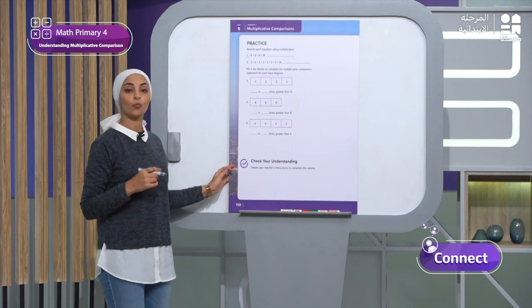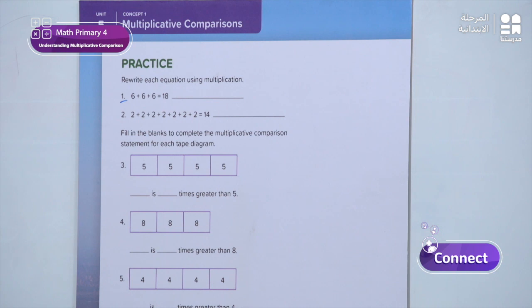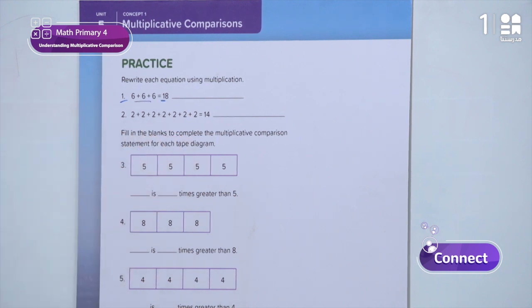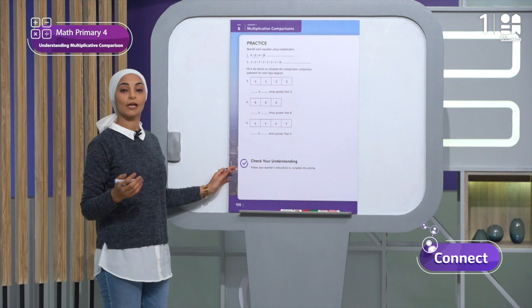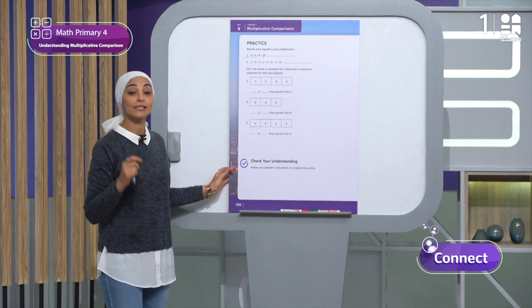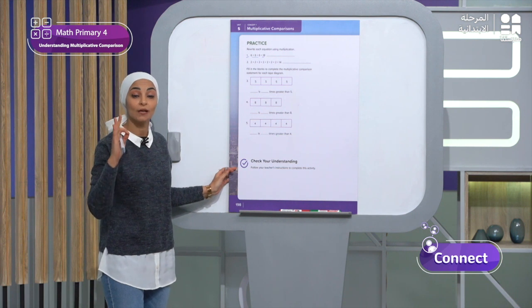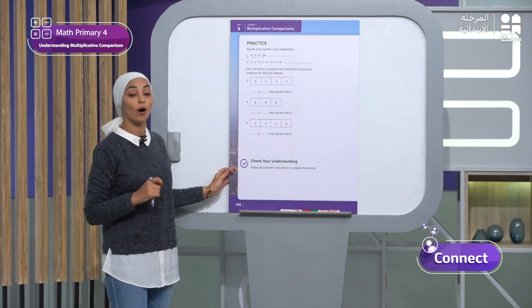In problem 1, we have 6 plus 6 plus 6 equals 18. We will compare 18 and 6. I want to compare 6 and 18. What should I do? So we can say that 18 is how many times 6? Yes, 18 is 3 times 6. Why?